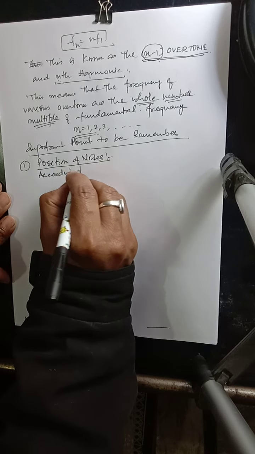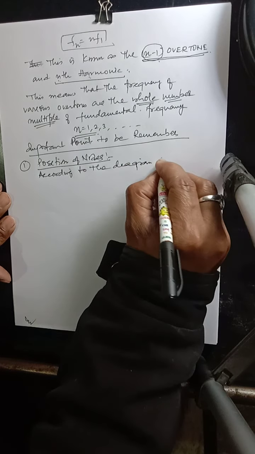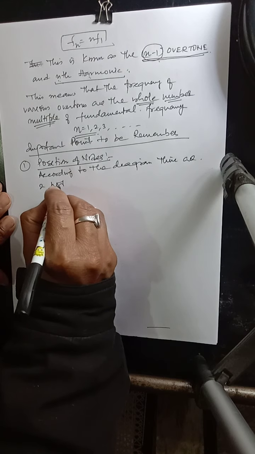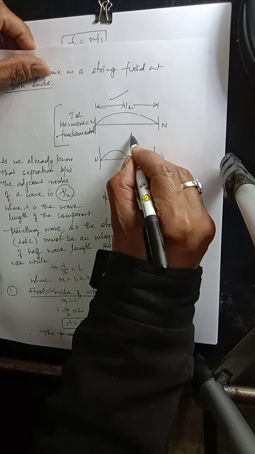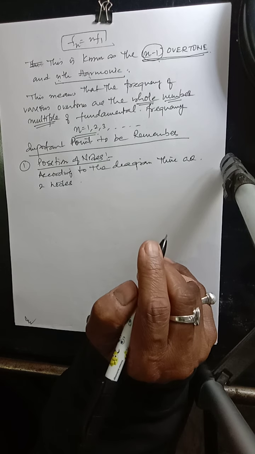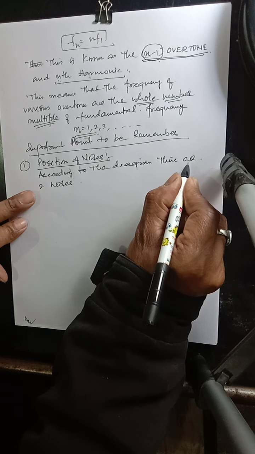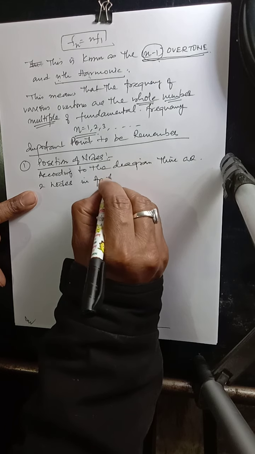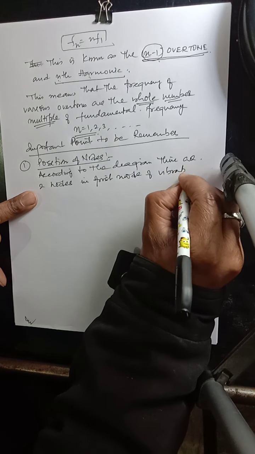According to the diagram which we have drawn earlier, there are two nodes. I'll show you that. This diagram which we have shown, this 2, this is 3, this is 4. According to the diagram, there are two nodes in first mode of vibration.